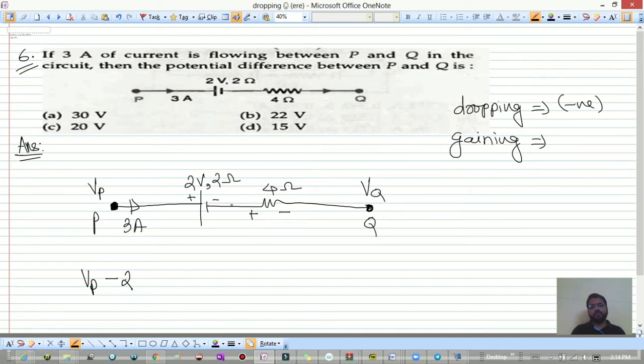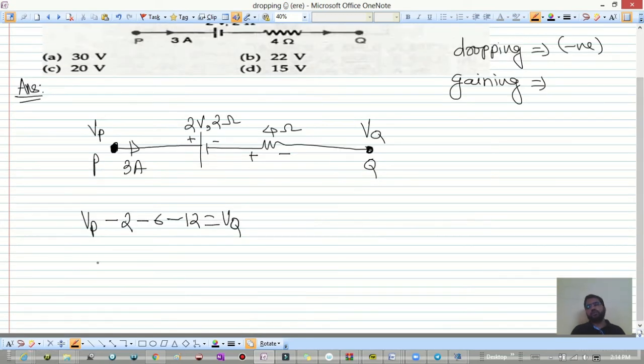Here also 2 ohm resistance is there, that is plus to minus, dropping the potential. So it is minus 2 into 3, 6, minus 4 into 3, 12, is equal to Vq, potential at this point. Okay, now so whatever this potential drops in the internal resistance is equal to the potential at this point. So over here Vp minus Vq we want, which is equal to, this is 12 plus 8, which is 20 volts. Okay, now so I hope this is clear.